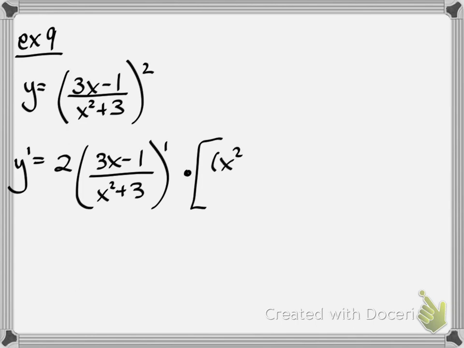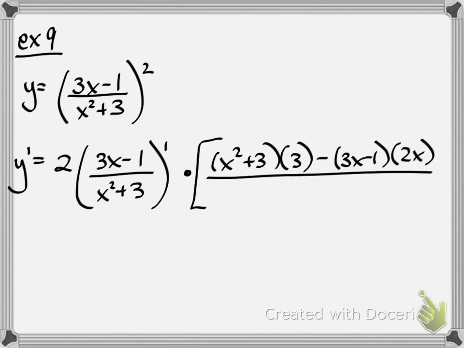Low d high minus high d low all over low squared. All of these numerators are multiplying.